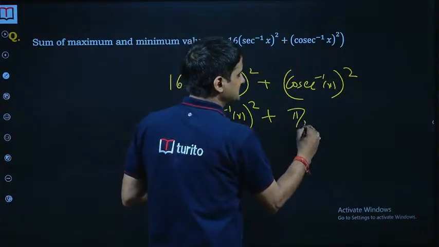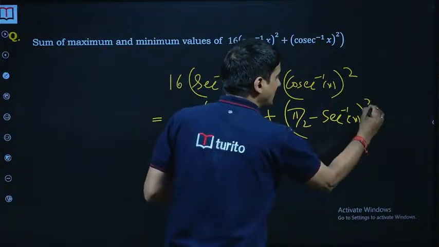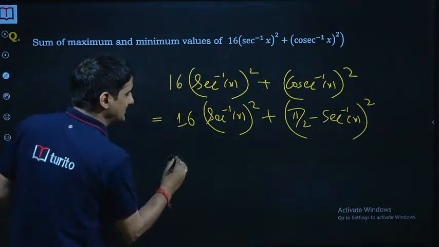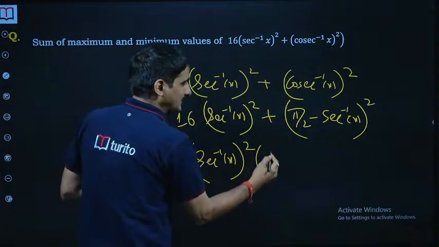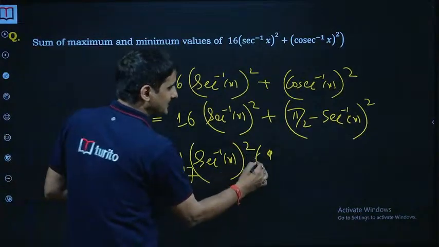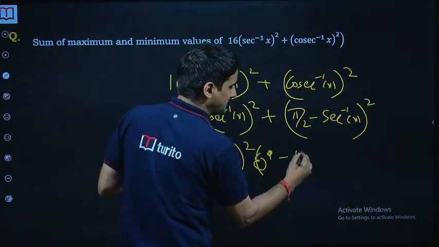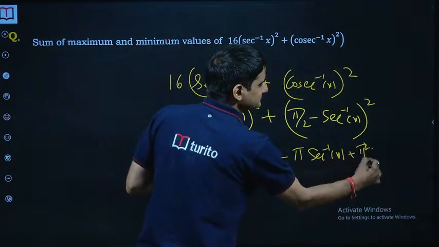So I will replace it with (pi by 2 minus sec inverse x) whole square, and then you have a quadratic in terms of sec inverse x. So you have (sec inverse x) whole square times 17, minus pi sec inverse x, plus pi square by 4.